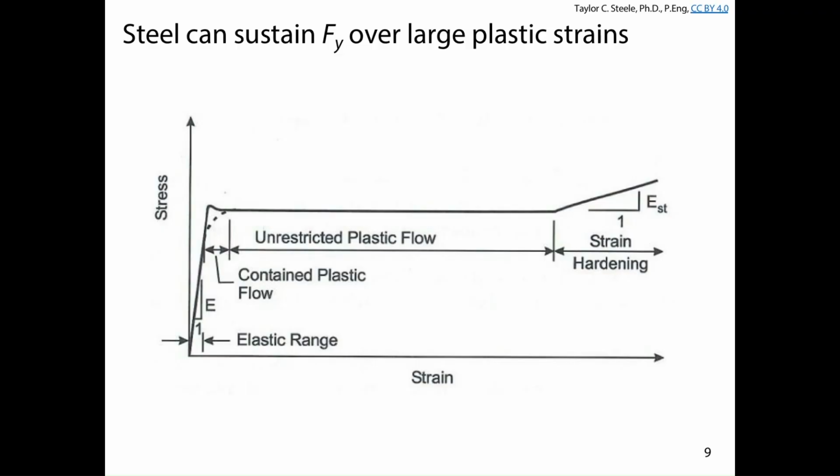And over that distance, there's not a significant increase or any change at all, really, right? Basically, we have Fy for a significant amount of strain, and eventually you might get a little bit of strain hardening, right? So maybe for really, really large strain values, we'll get a bit of strain hardening.